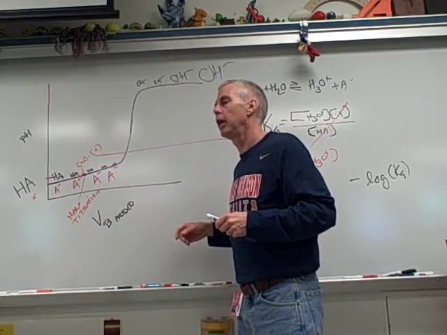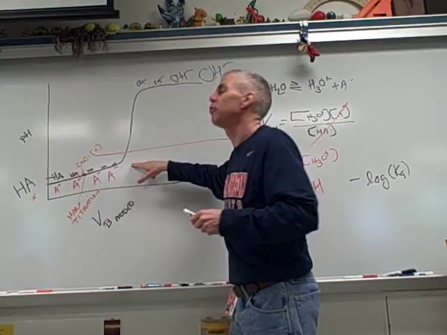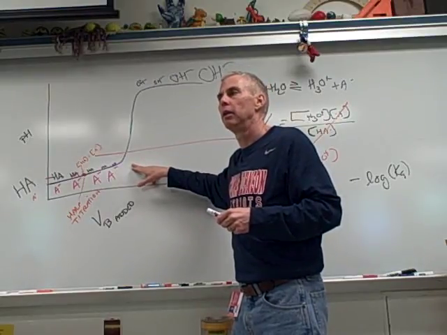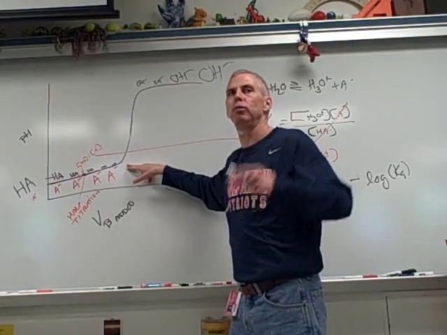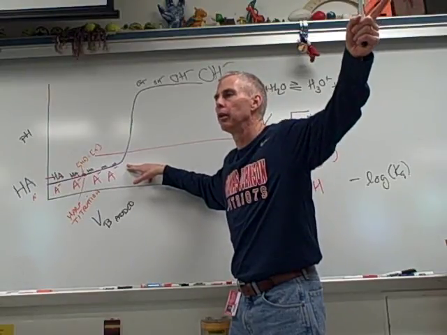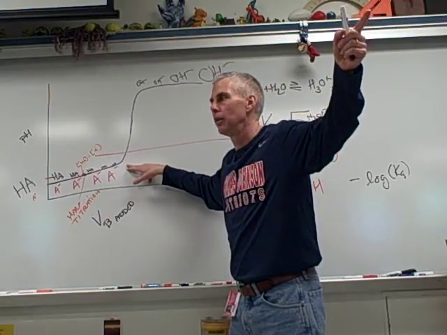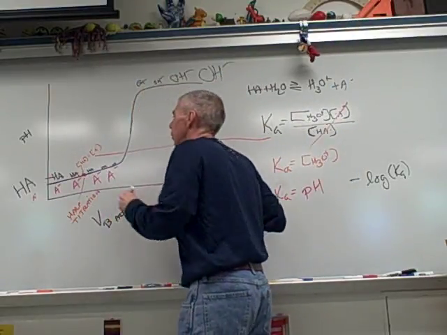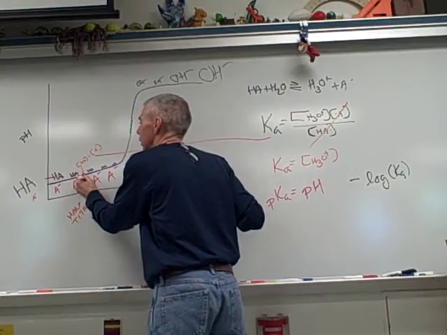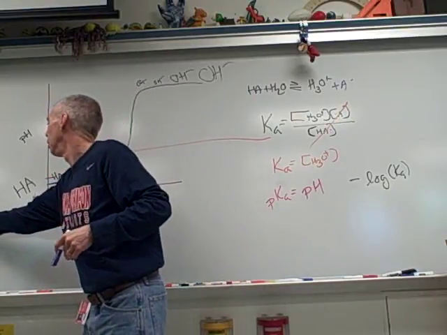This right here is why you're alive. It's also why, if you've ever run the 400 meters, nobody loves you right after you come off the turn. This is the buffer region. This is called a buffer region. Now give me a couple seconds, we'll do buffers.